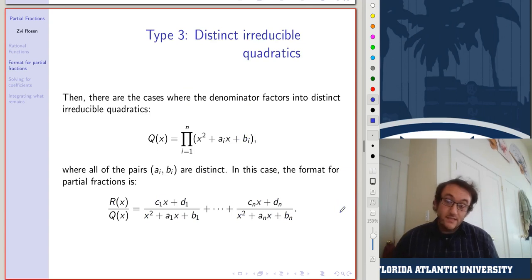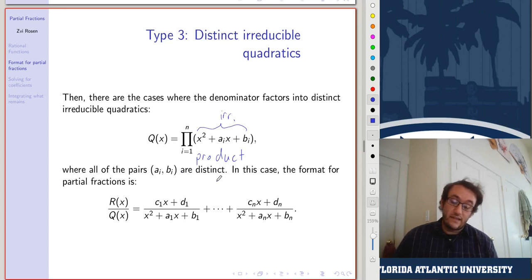Okay. Type 3, now we bring the quadratics into the picture. There are the cases where the denominator factors into distinct irreducible quadratics. So if we have q of x equals product of x squared plus aix plus bi, and these are just specific constants, such that this is an irreducible quadratic, where all of the pairs ai and bi are distinct.